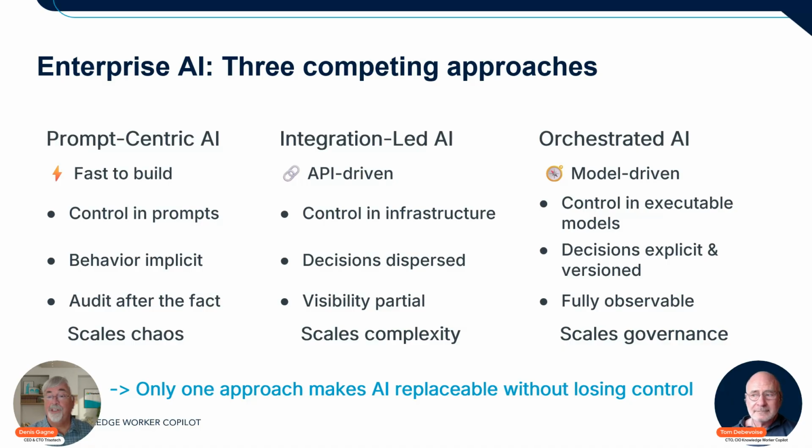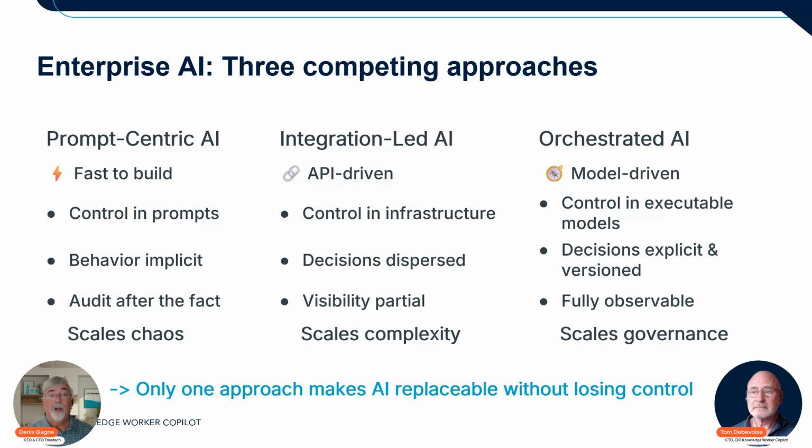Another approach, which is mostly being deployed now, is integration-led AI, where you have all these API calls going on and bringing together this infrastructure. There's no control in this type of situation. Your decisions are dispersed all over the different agents that are interacting via API or the A2A protocol.